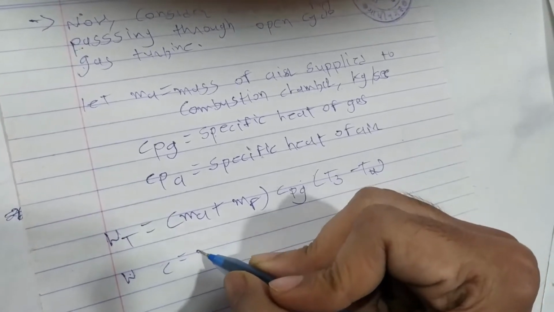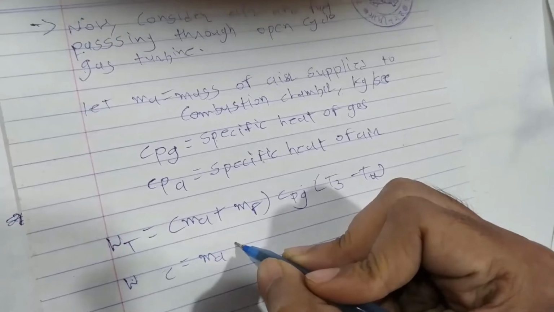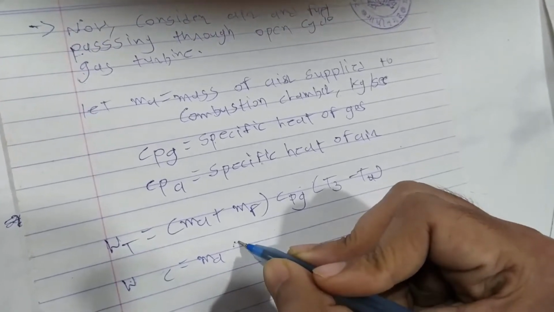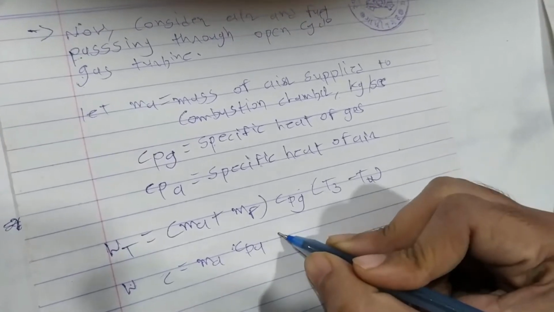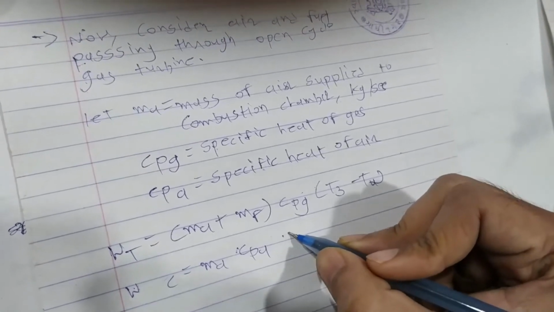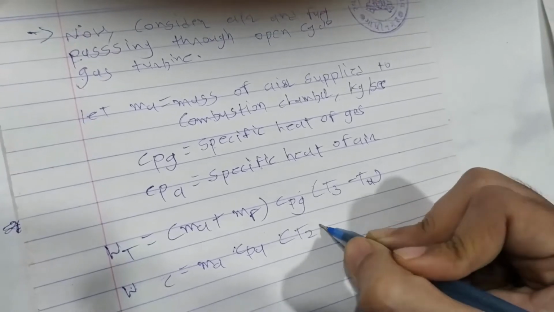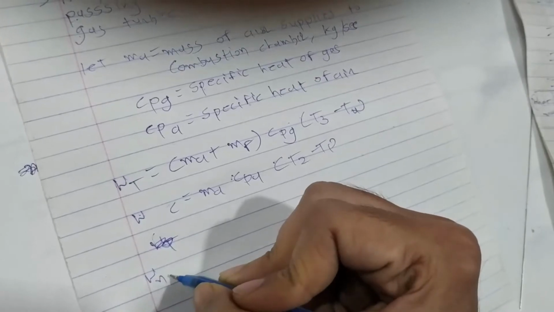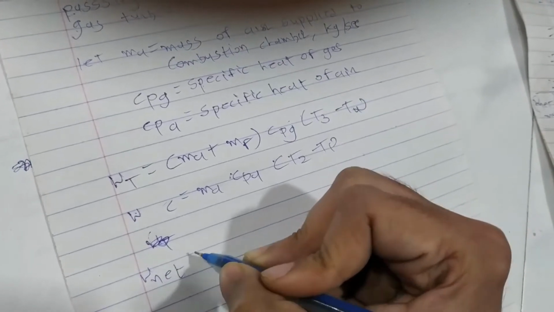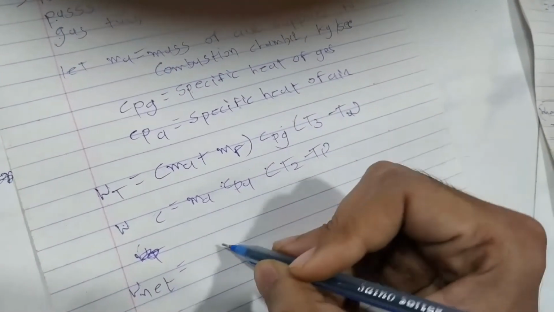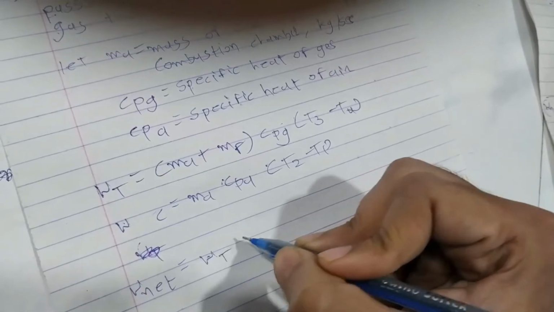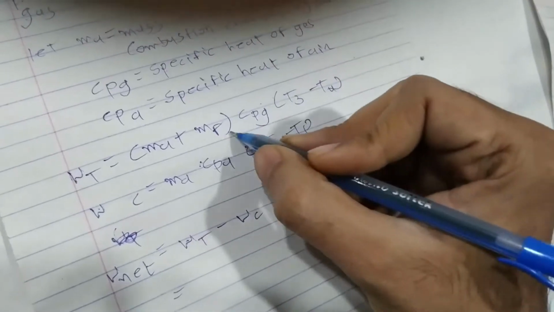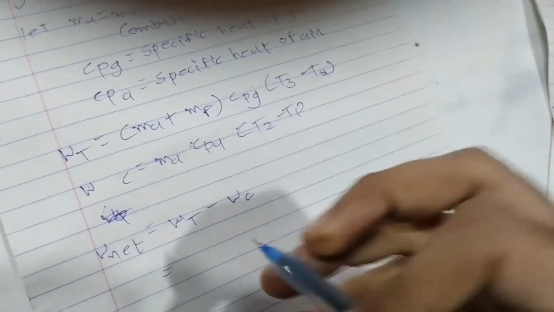In compressor there will be only air, no fuel and gas, so I will write here Ma Cpa specific heat of air into T2 minus T1. I will take a look at network done by open cycle gas turbine, which is network done by turbine minus network done by compressor. So this equation can be written from these two equations.